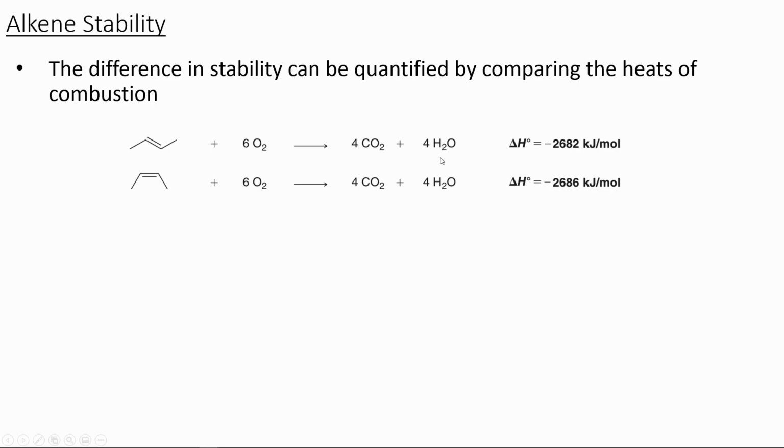We can compare mathematically the difference in this stability. We can quantify this by comparing the heats of combustion. And you'll see here that the cis isomer is going to have a larger heat of combustion because it is a less stable molecule.